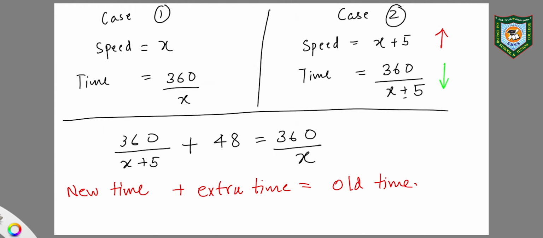So in our new case, our speed increased, which is why our time decreased, and therefore, in order to equate this to our old time, we need to add some value to the new time. So from equation number 1, now all we have to do is solve this quadratic equation. So we have 360 divided by x plus 5, plus 48, is equal to 360 divided by x.